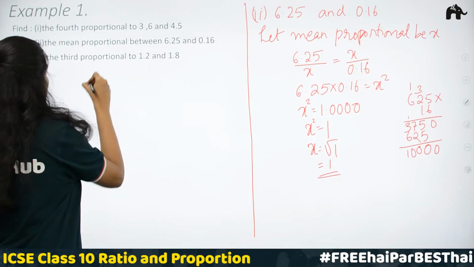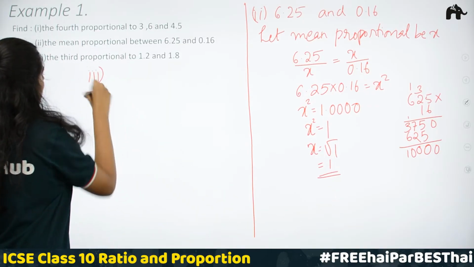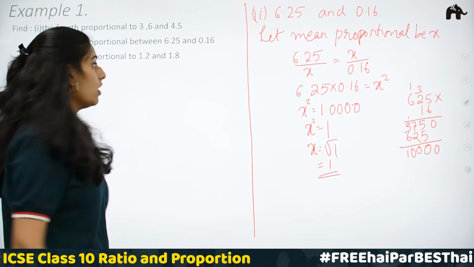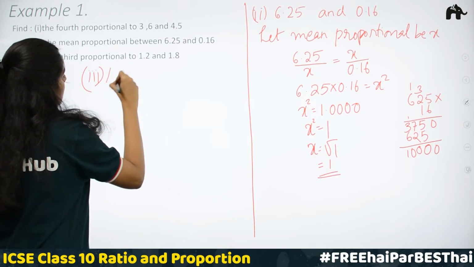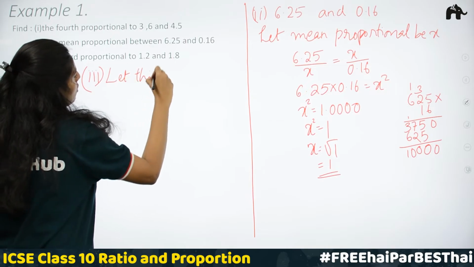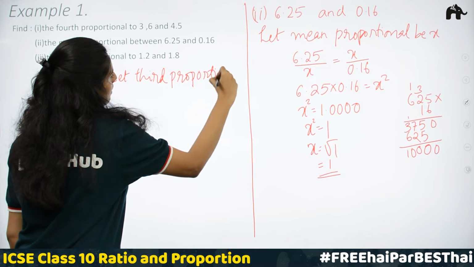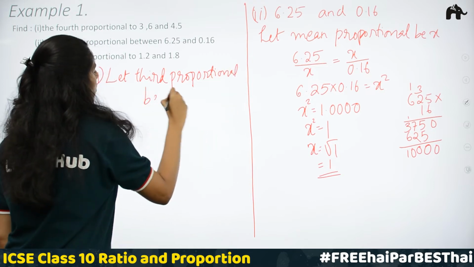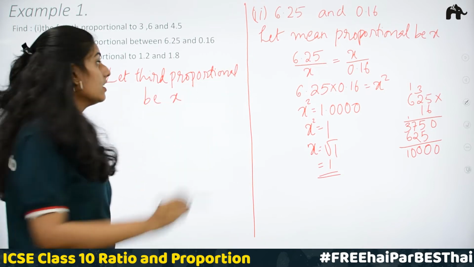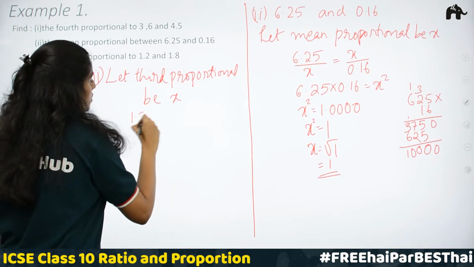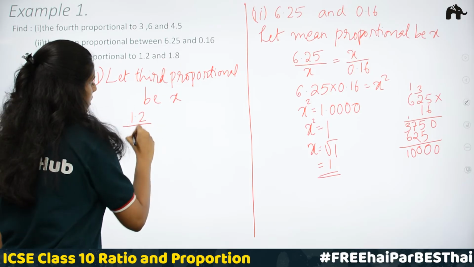Now, the third, we need to find the third proportional to 1.2 and 1.8. Let the third proportional be x. Now, how can we represent this? We need to find the third proportional. 1.2 divided by the second term, 1.8.